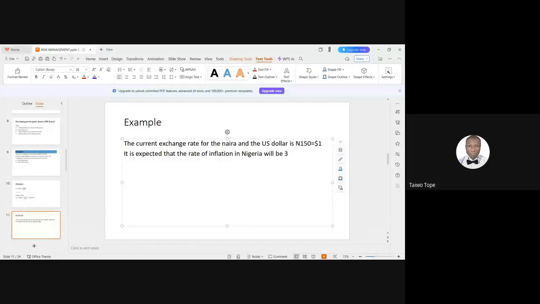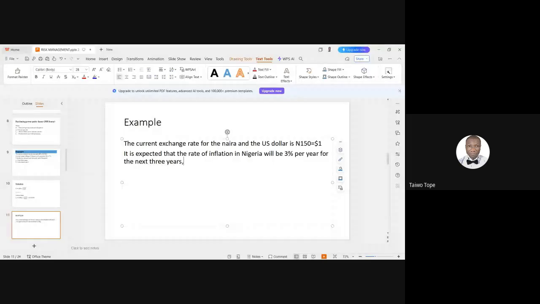See the statement, 3% per year for the next 3 years.